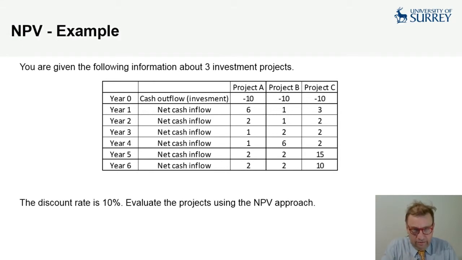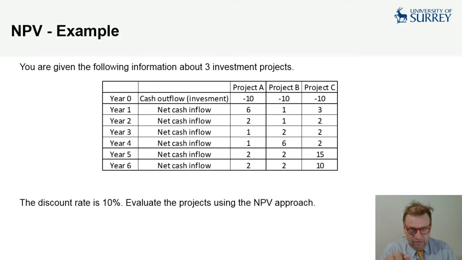So we write down these projects, and we can see that they are quite interesting, because then we will discount them at a discount rate of 10%. They all cost 10, but Project A pays back quite quickly, like 6 in the first year, 2 in the second year, 1.